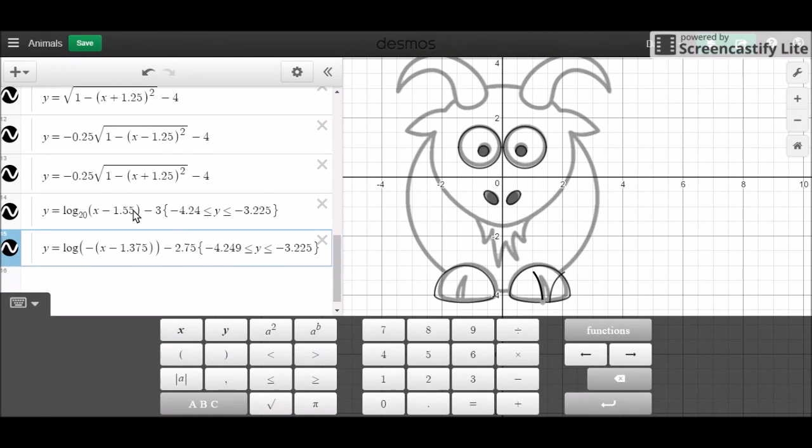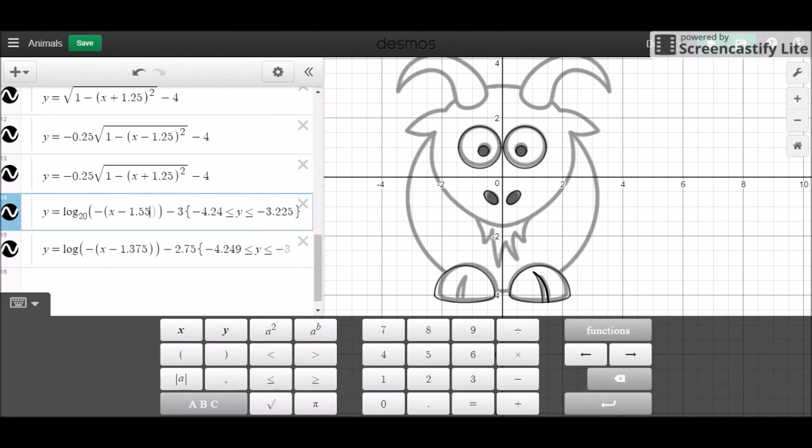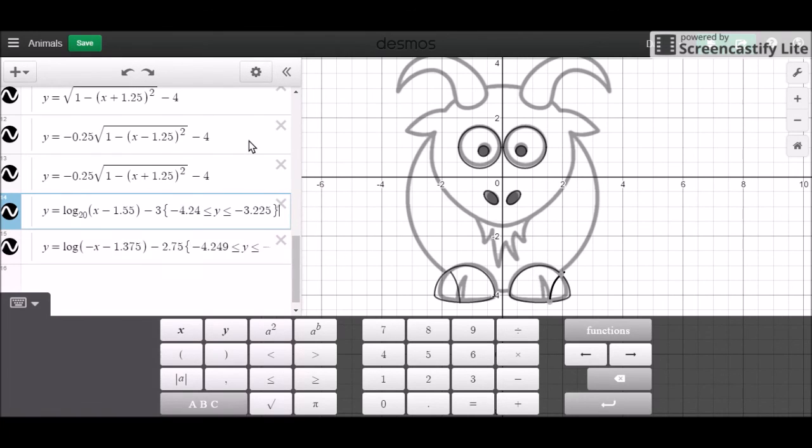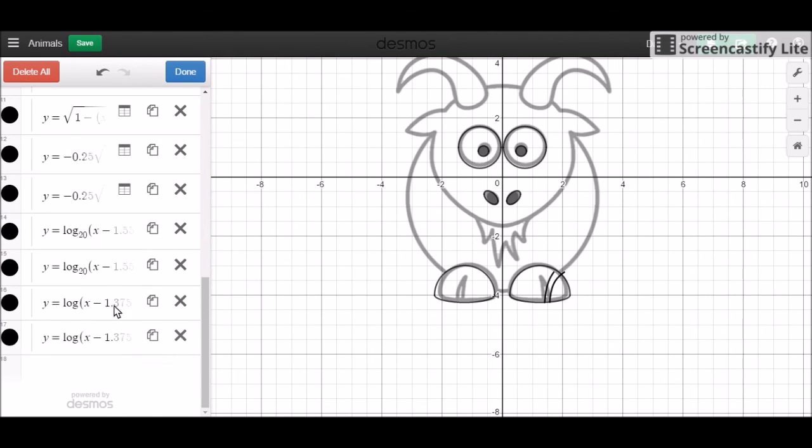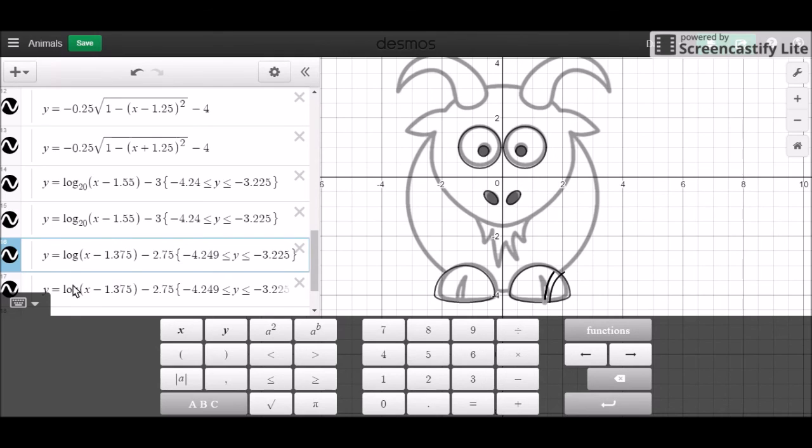You can do that by multiplying the entire x transformation by -1. All right. I should duplicate them first before I change it. Okay, now we can.